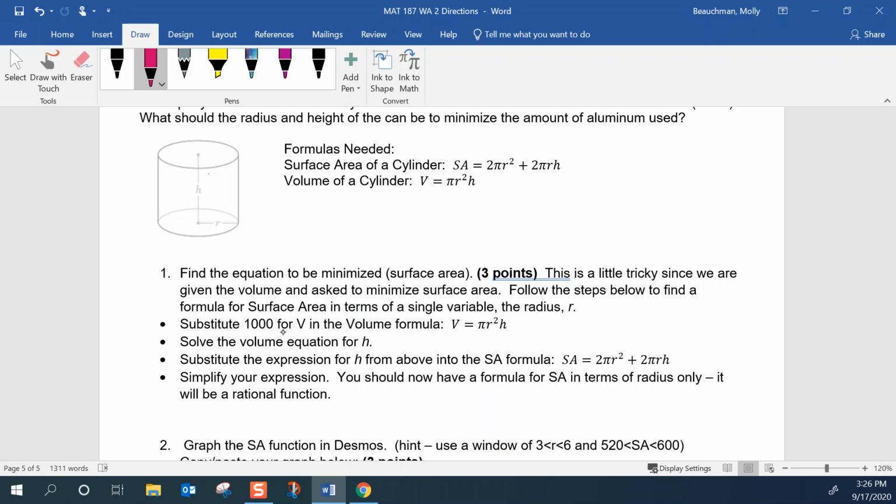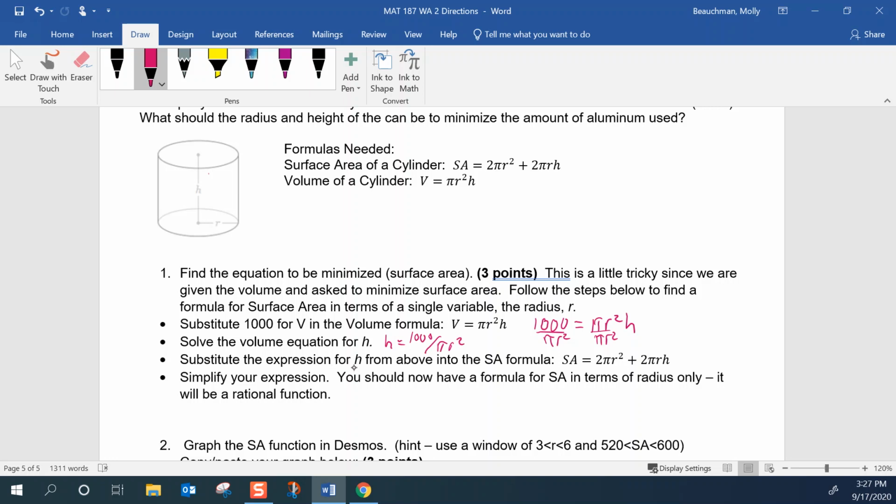First you're going to substitute 1,000 in for V in the formula. Then you're going to solve that for h. That means you're going to divide both sides by pi r squared. So you have that the height equals 1,000 over pi r squared.